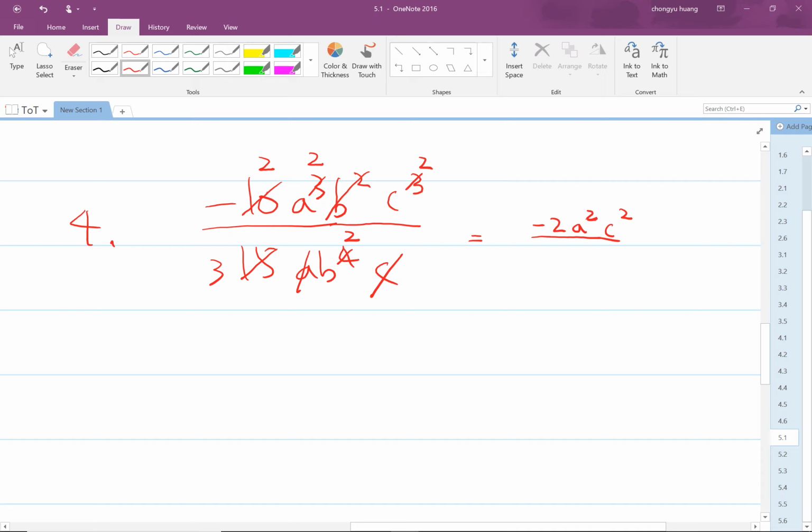And then the bottom we have a 3, a is gone, b to the power 2, and c is also gone, right? So now we have the solution. We basically finished the simplification, and we cannot simplify any more than this, right?